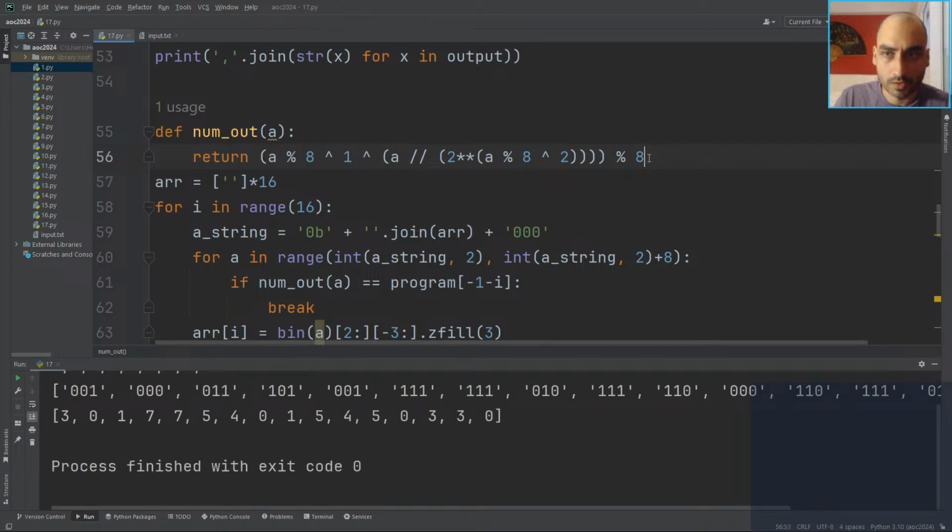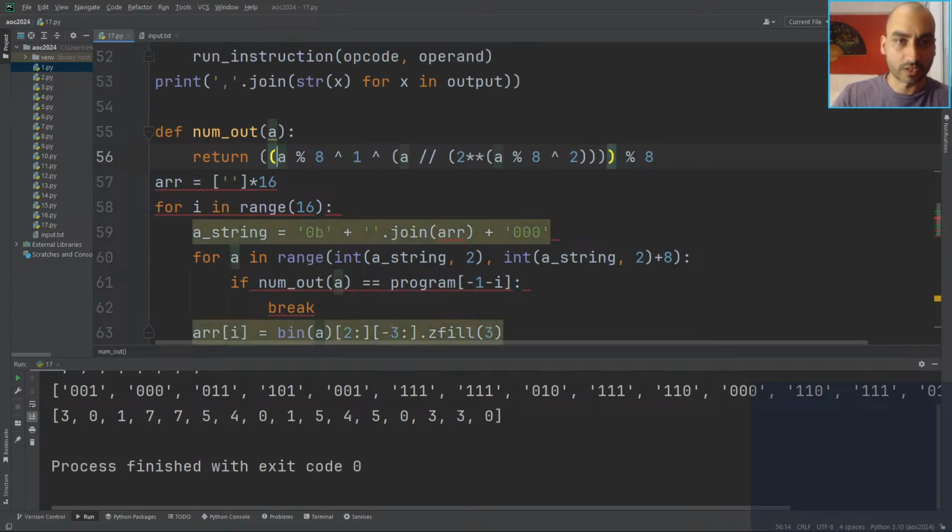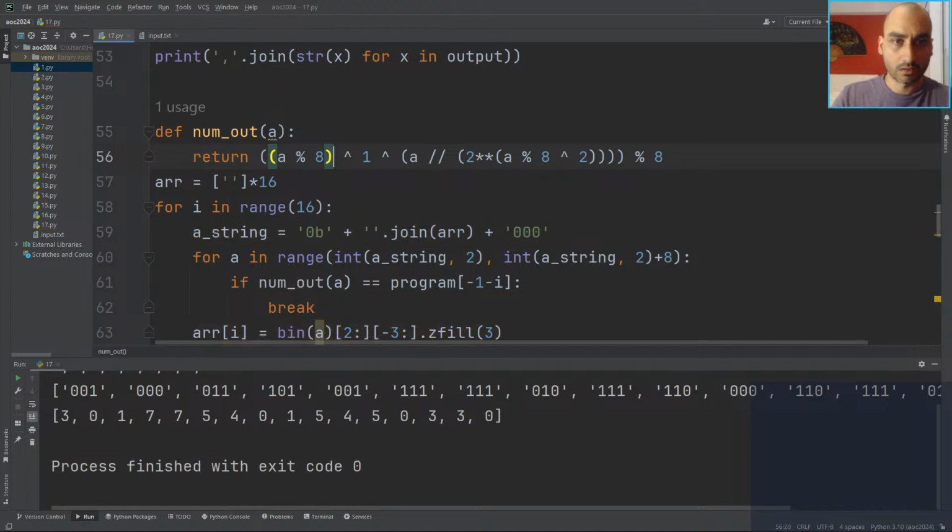Not okay, so I don't think... 2 XOR 3 is 1, isn't it? Should I just put the 2 and 3 back in? 8 mod 8. Oh, this operation probably isn't correct. I need to do that.